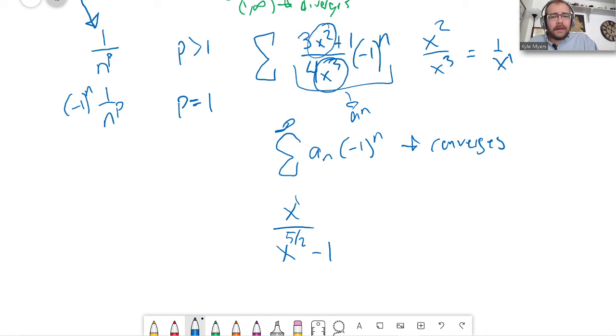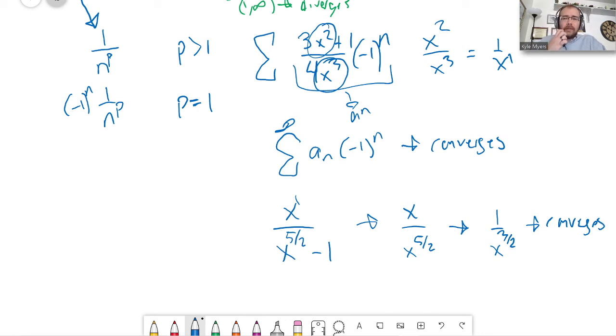You see what the difference is, and I would clean this up. So x over x to the 5 halves, which would turn into 1 over x to the 3 halves, which is bigger than 1, so it converges. Right? So it doesn't matter if you've got a fraction power, you can still compare them one for one.